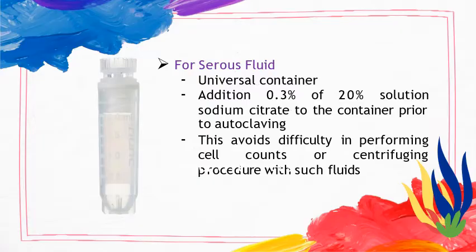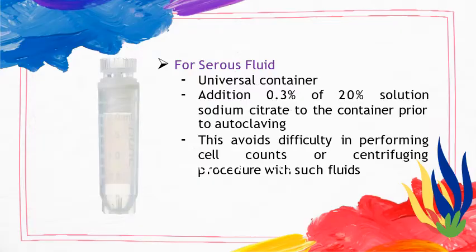Now, for your serous fluid, it is universal containers. There is an addition of 0.3% of a 20% solution of sodium citrate to the container prior to autoclaving. This avoids difficulty in performing cell counts or centrifuging procedures with such fluid.